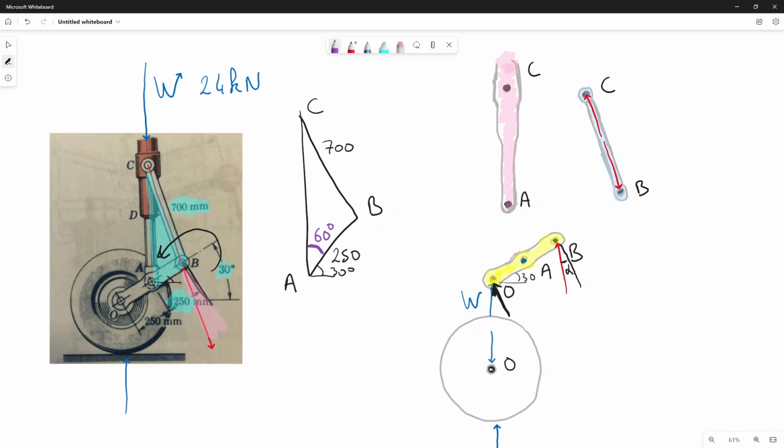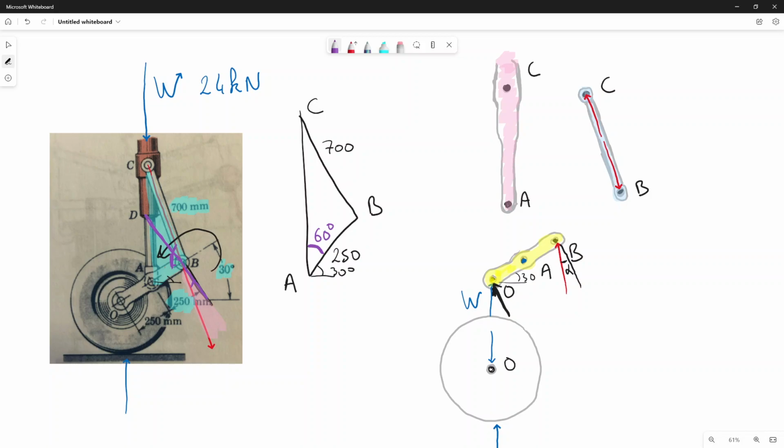The angle that we want is this one, because if we have this one, we have this one on the side. That will be 90 plus this one. So how do we get this angle? Because we don't know this distance there. We have 700, let's use the sine law.